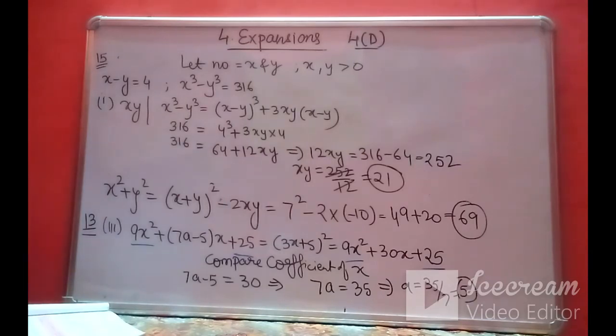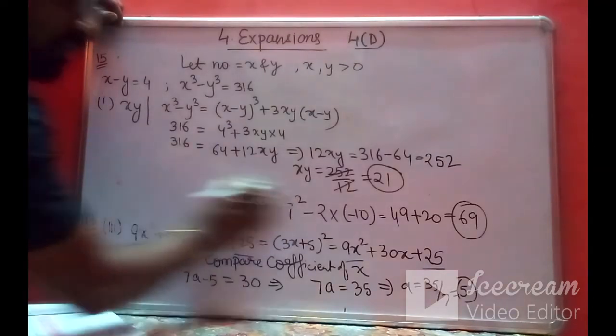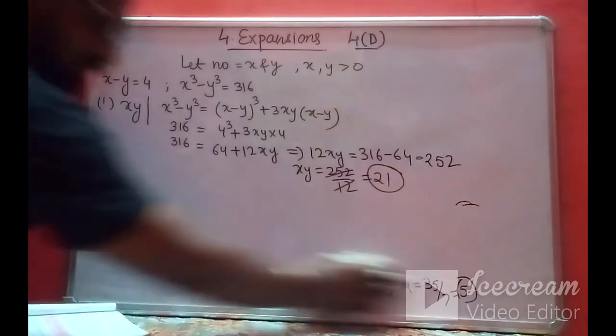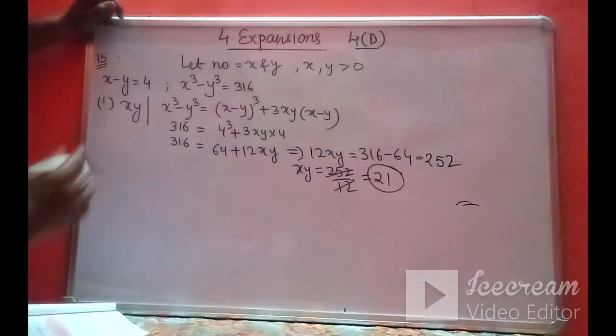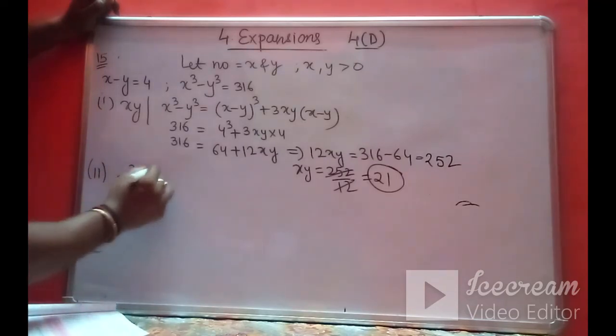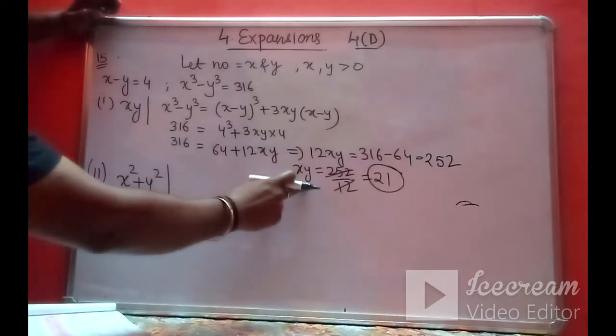The second thing that is asked is the sum of their squares. Okay, the sum of their squares we have to find, that is x square plus y square. So we got this value and we have this value.